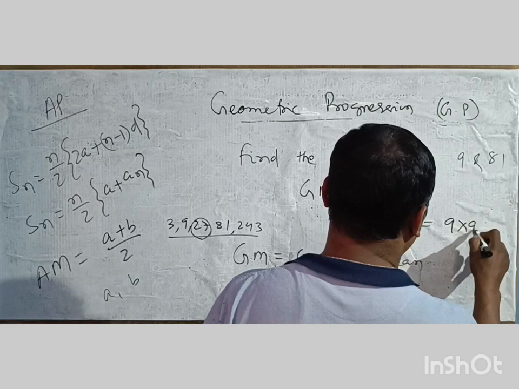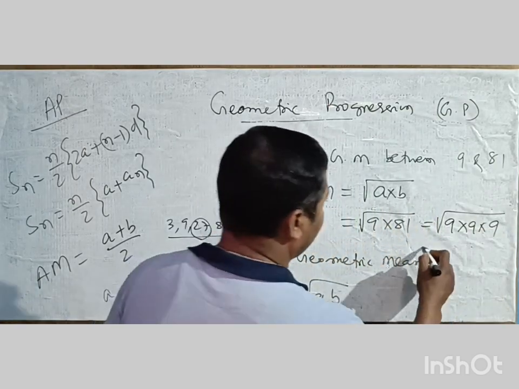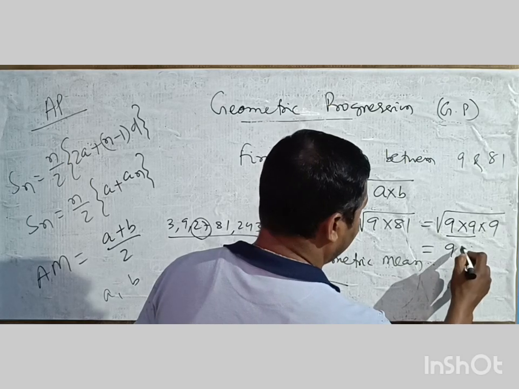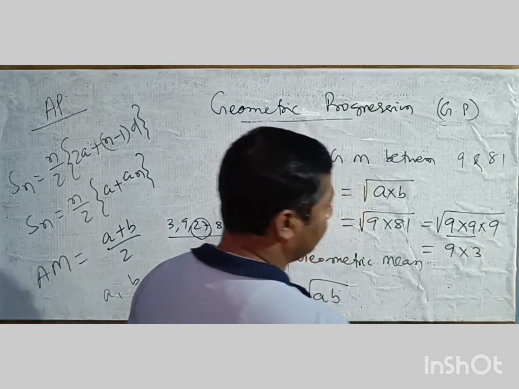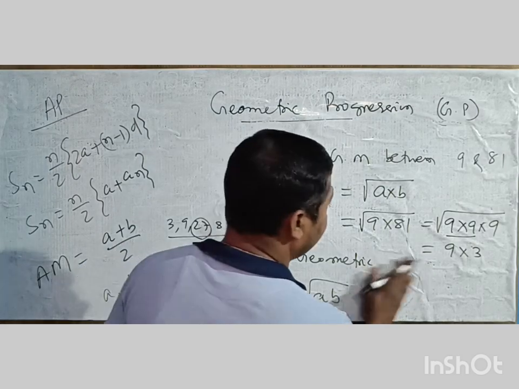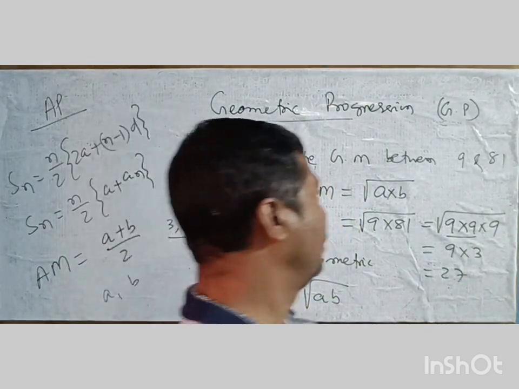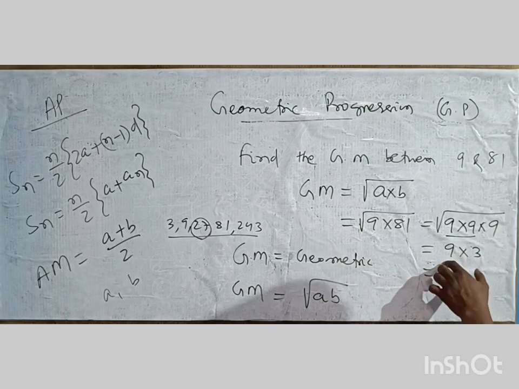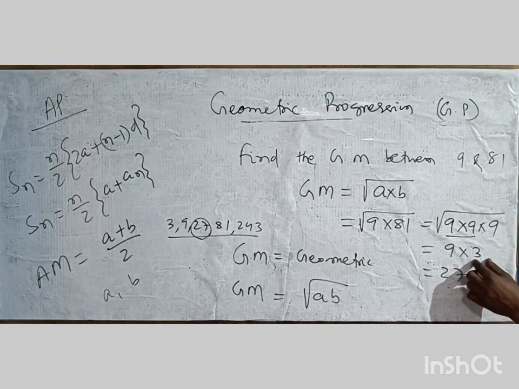9 into 9 into 9. So again 9 into 9 into 9, 3 into 9 is 27. From these two 9s I can take 9, and from this 9 I can take 3 as root over, because 9 is 3 into 3, so I can take one 3.